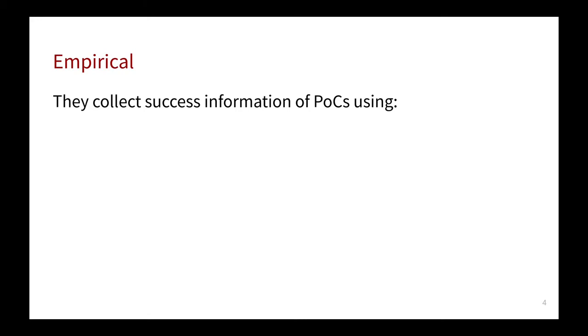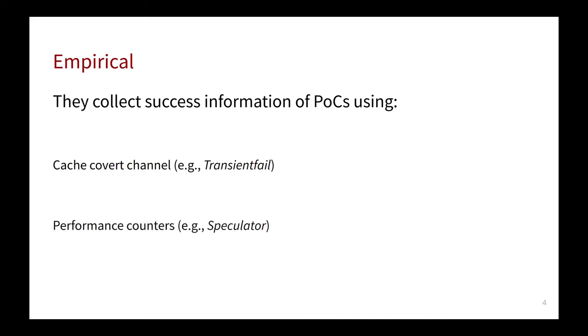There are two kinds of empirical tools: one that uses a cache covert channel, and the currently available implementation is a tool called Transient Fail. And on the other side, a tool that uses performance counters to verify if the proof of concept attack worked or not. In this case, the tool is called Speculator.